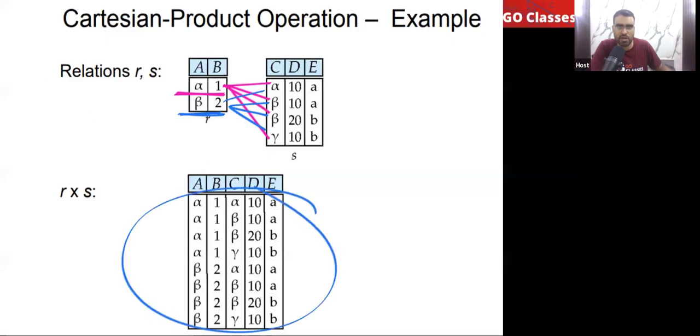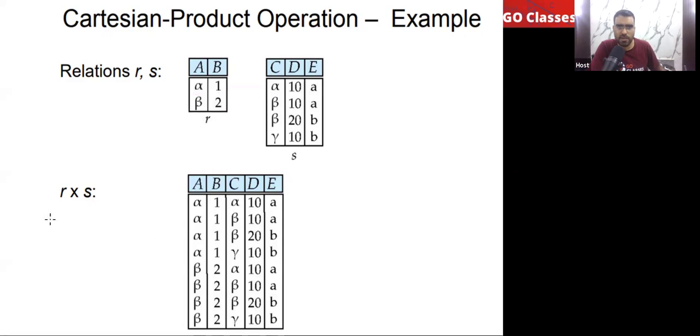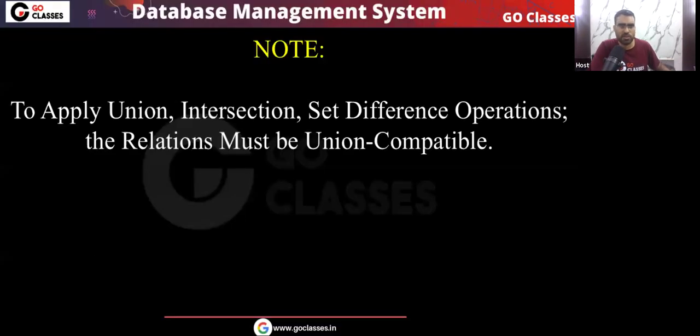So finally, a total of 8 tuples will be there, because 2 multiplied by 4. So this is the result of R cross S. Is this clear? Simple, right? And remember, in R cross S you will have all the attributes here followed by all the attributes here, so there will be 5 attributes. Simple. Now let's move on.